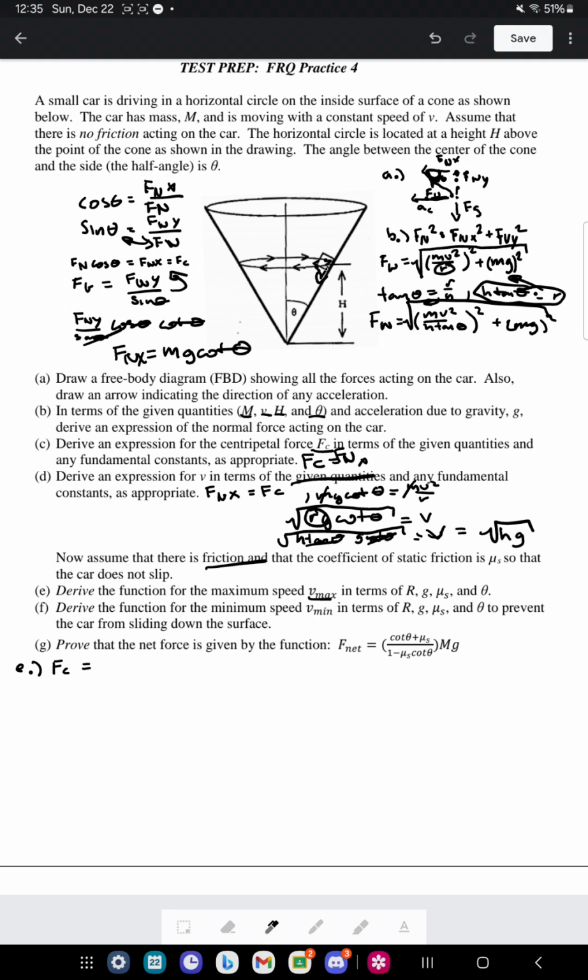And static friction goes that way and that way. Those are its components, which are pulling it left and downward. So F of c equals F of s x plus the F of n x, which is also pointing towards the center.